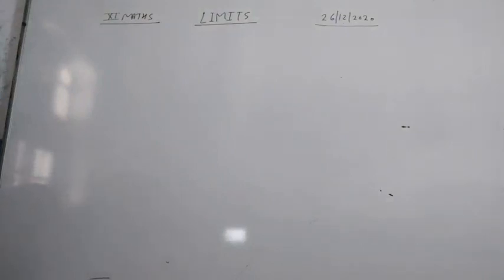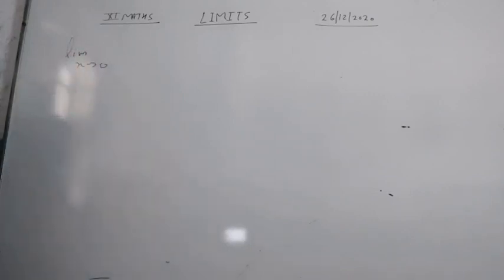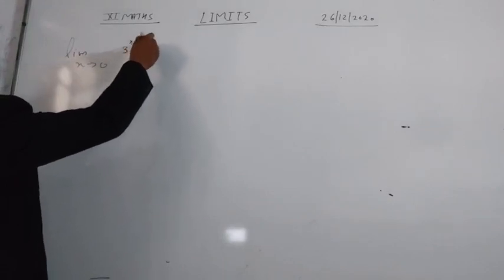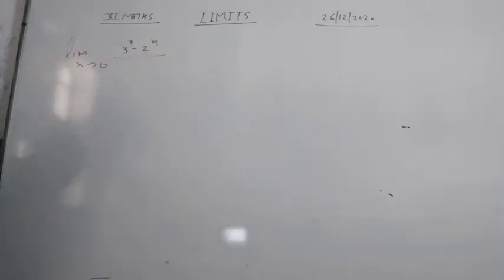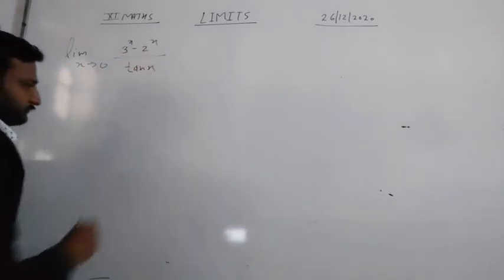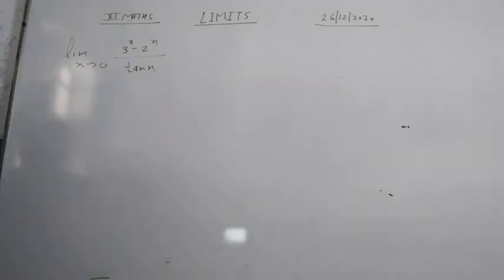Our next question is: limit x tends to 0, (3 to the power x minus 2 to the power x) by 10x. Okay, student, now solve this.